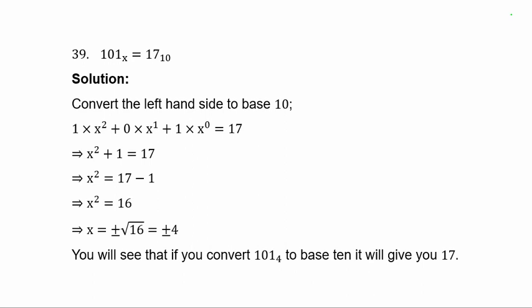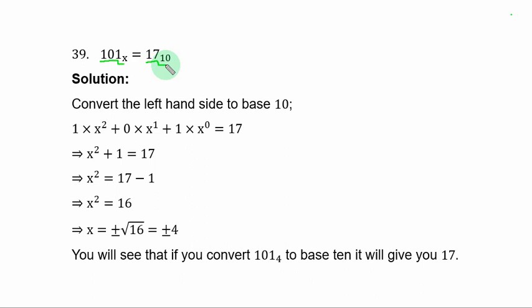Example 39. You have 101 base s equal to 17 base 10. One thing we do in equations in number bases is to ensure that both sides are in base 10. In this example, the right hand side is already in base 10, but the left is not.